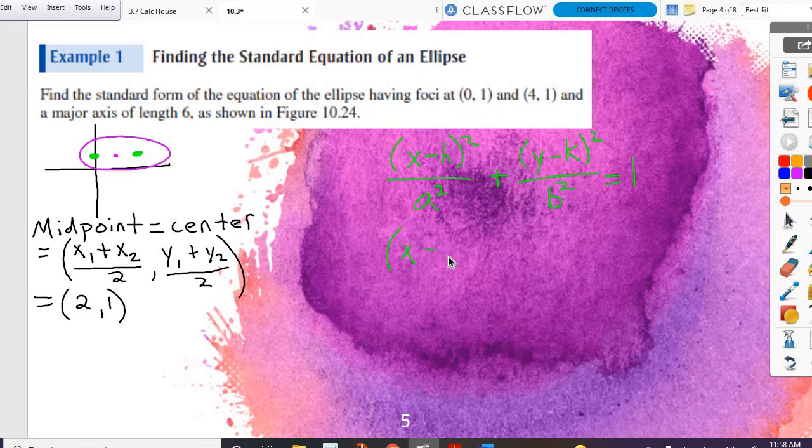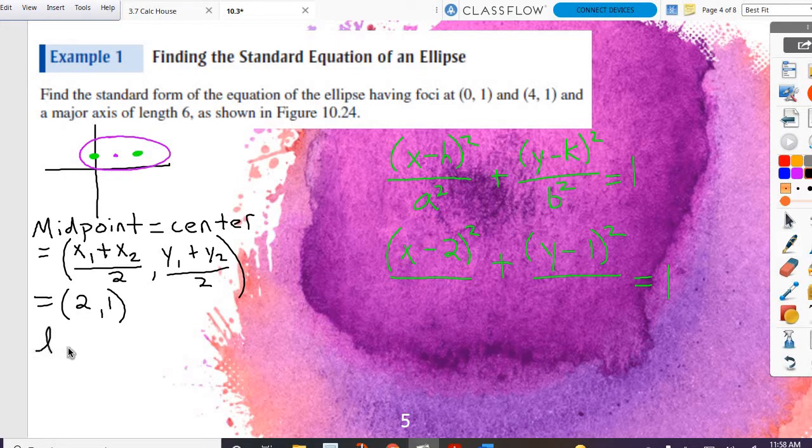So we know that we have (x − 2)² plus (y − 1)². And now we need to find A and B. But do we know A or B? We know A, apparently. What other piece of information do they give us? Our major axis.